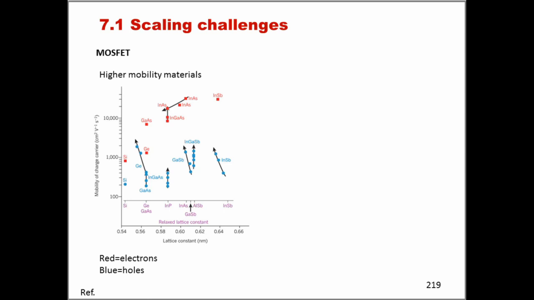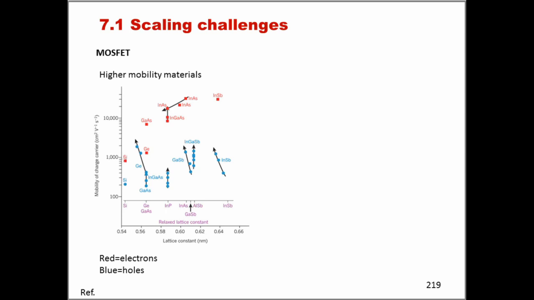Another way to improve things and ease, if you like, the effects of the scaling process on our MOSFET transistor is to use materials that are intrinsically higher mobility. So you can see on this plot the mobility versus the different materials, silicon, germanium, and so on and so forth.